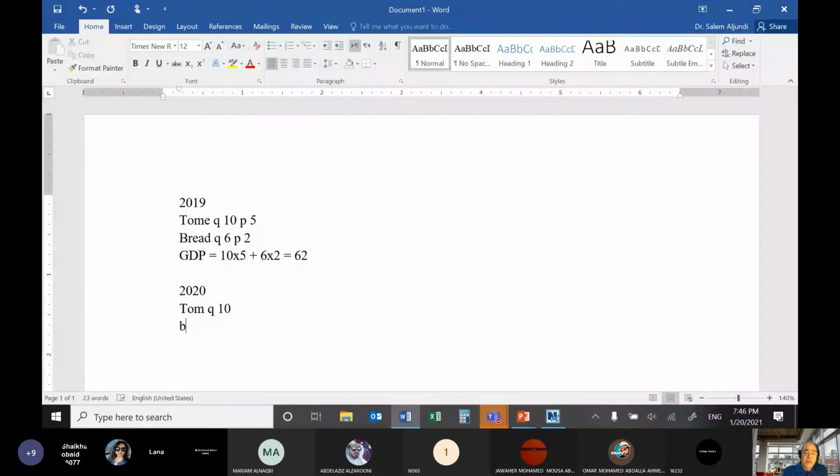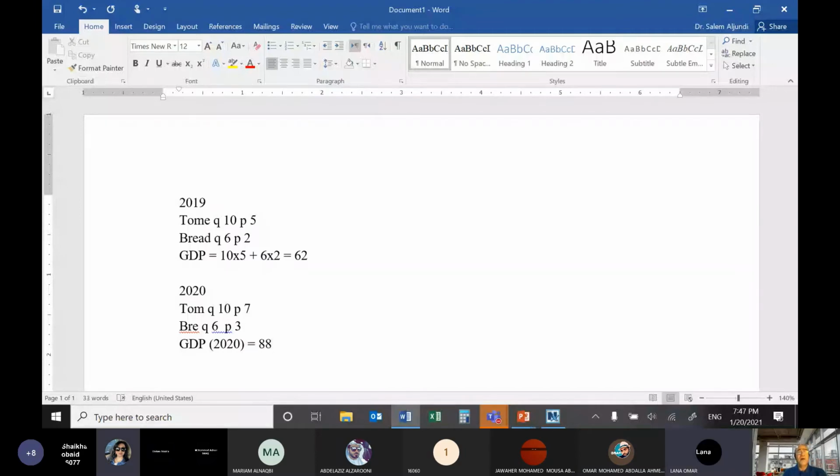The quantity of bread is also the same. What is the difference? There is a change in the price. So instead of 5 dirhams, it becomes 7 dirhams. And the price of bread, the current price during 2020, becomes 3 dirhams. Calculate gross domestic product for 2020. 88.